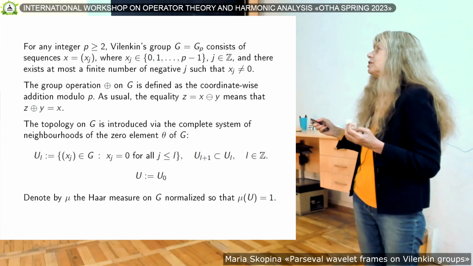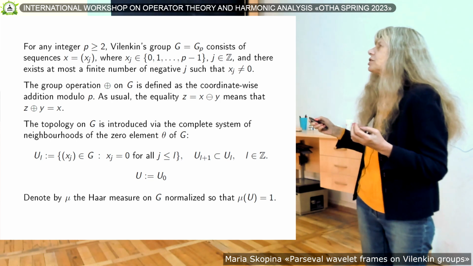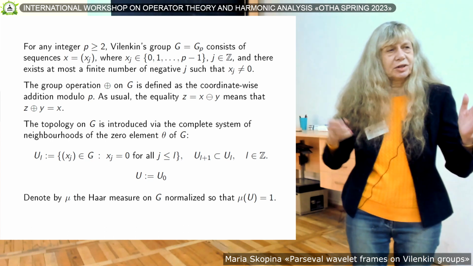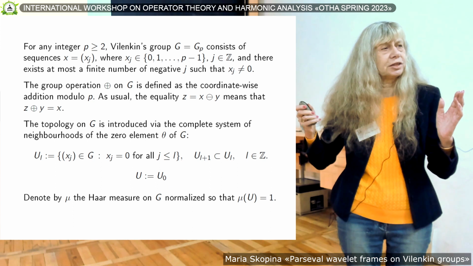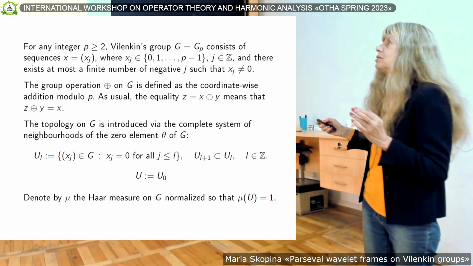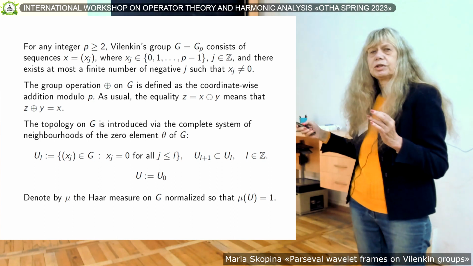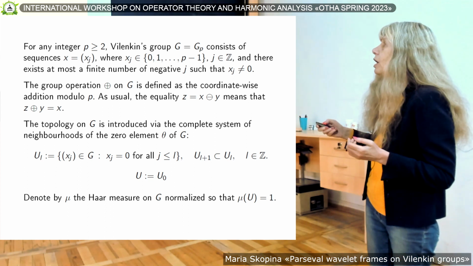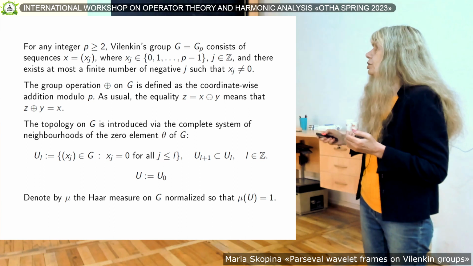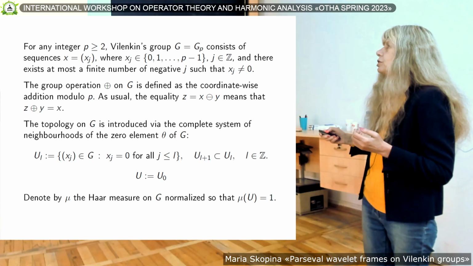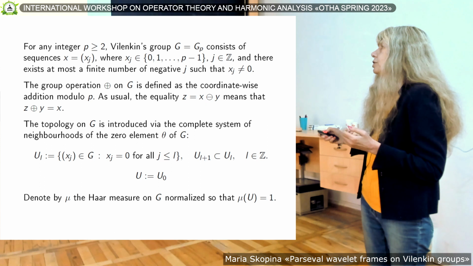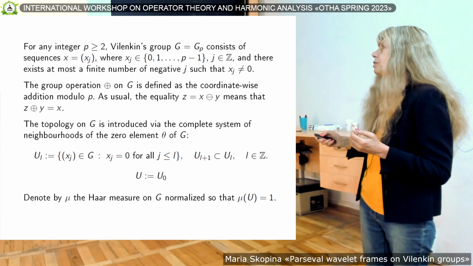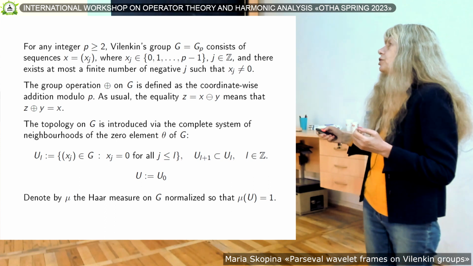Of course, minus is also introduced. And as for the positive semi-line, also a similar addition, a similar addition for non-negative numbers. Next, the topology. The topology is introduced by a system of neighborhoods of the zero element.